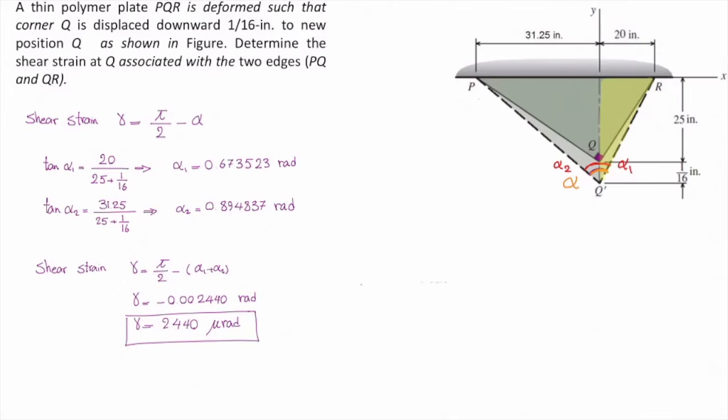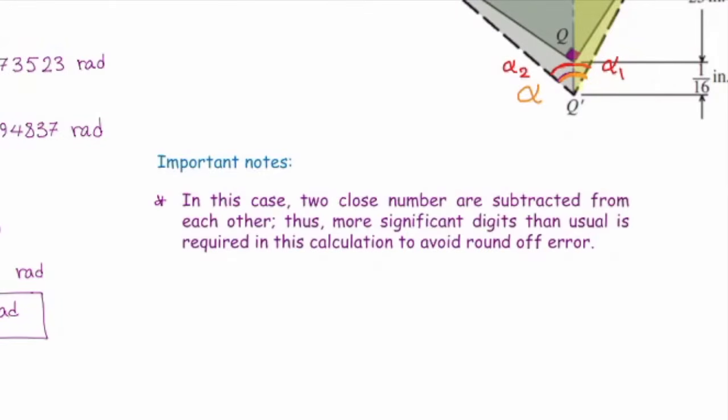There are two important notes here. First, in this case, pi over 2 and alpha are very close to each other. So in calculating the shear strain, we are subtracting two close numbers from each other. And in that case, we need to use more significant digits than usual because there will be round-off error.